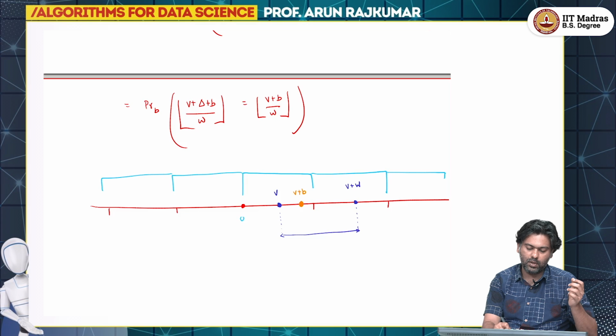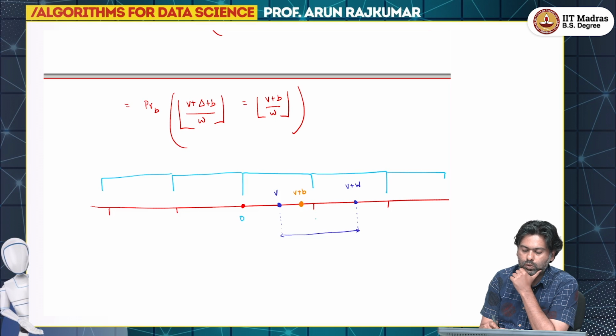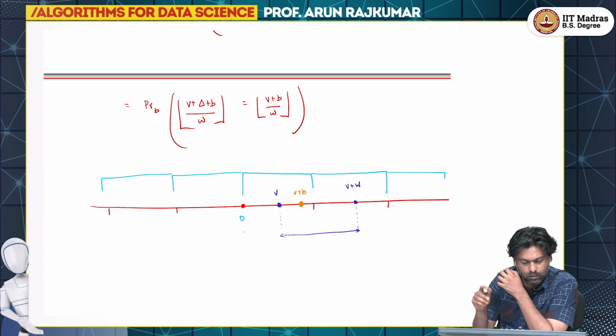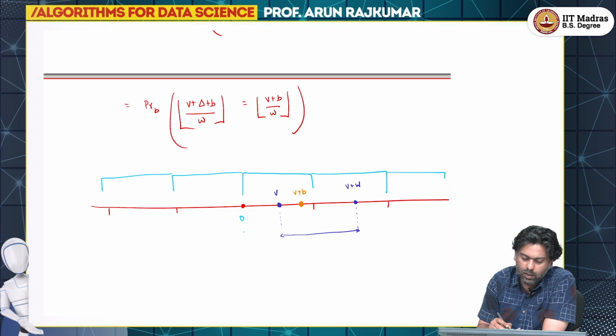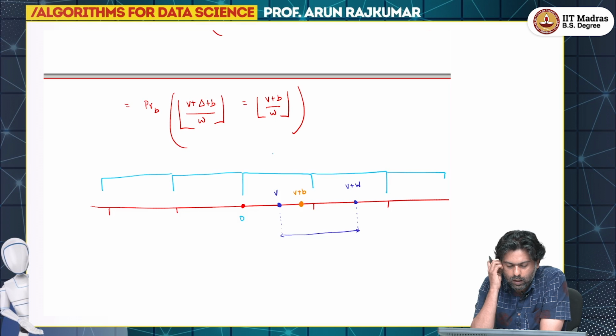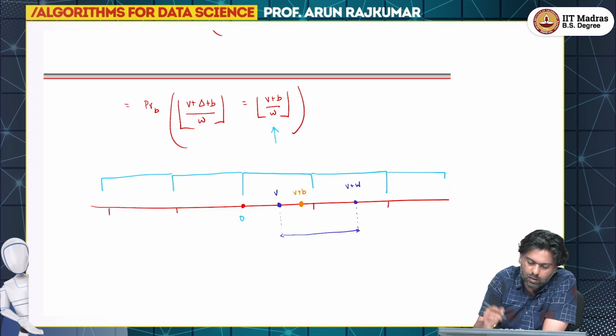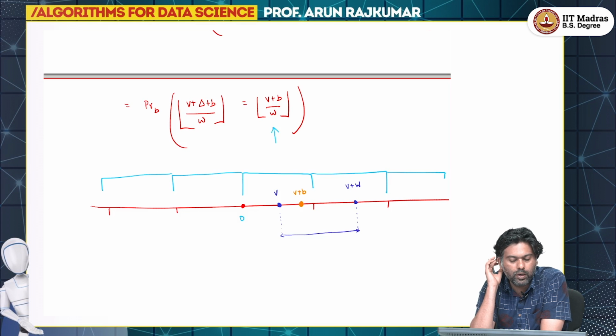So, if I divide V plus B by W, and then I take the floor, it is going to be in this box. Now, that would be the box number corresponding to the right hand side.